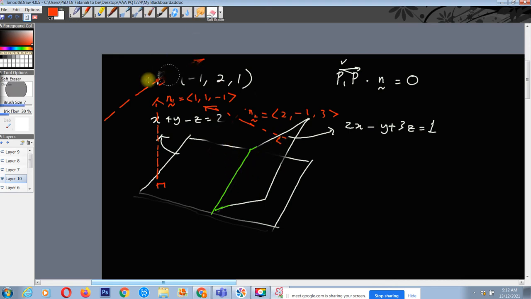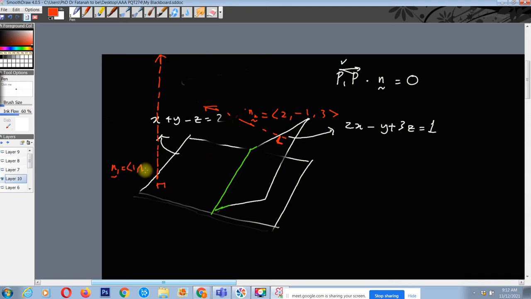Now if I delete this and sketch again, I move it upward, and this plane also has a normal, which is 1, 1, -1.